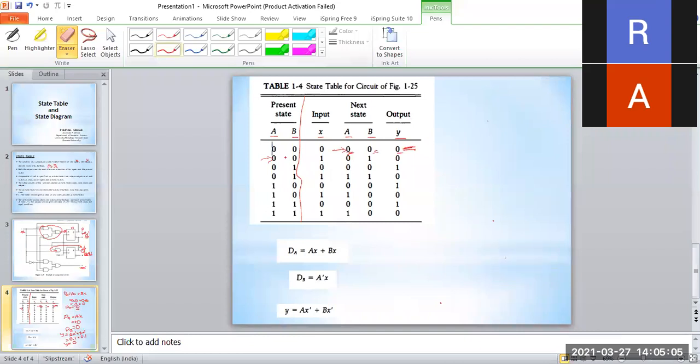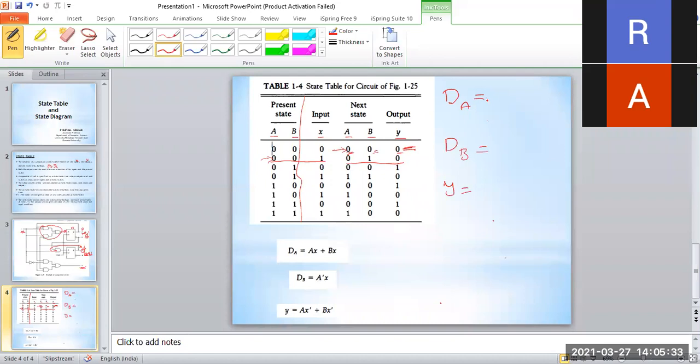All right, now we will take the second record here, and we will try to calculate dA, dB and y values. So in this way, the state table is constructed. We are considering the present states of flip-flops and the input, and based on this we are deriving the next states of flip-flops and the output y.